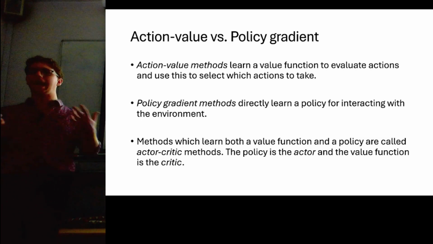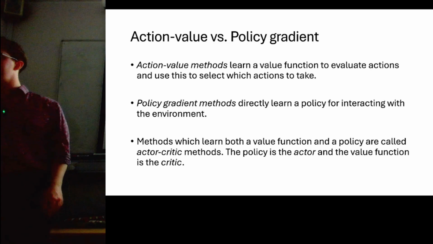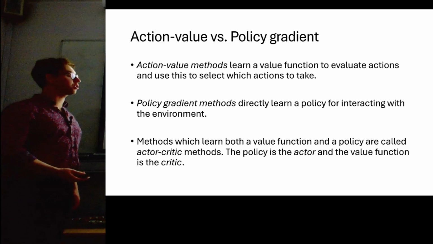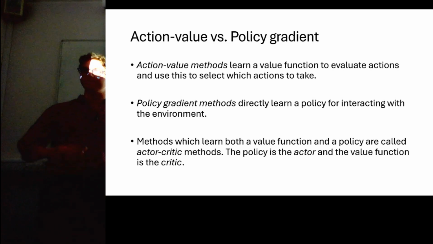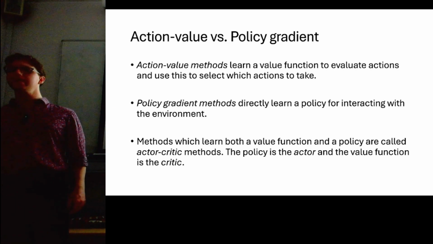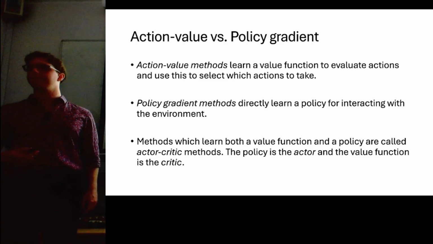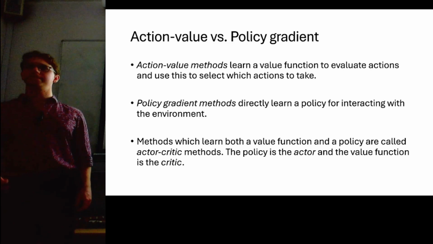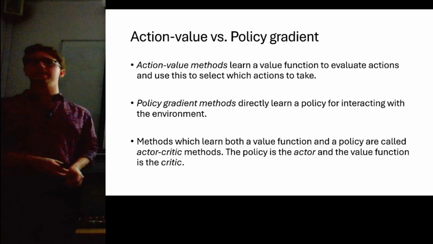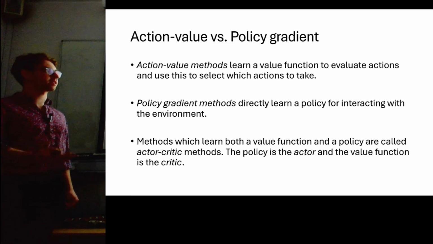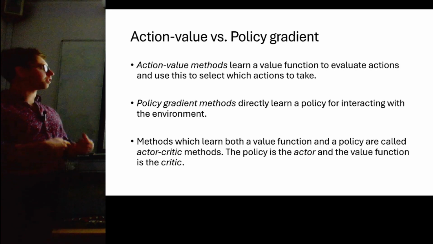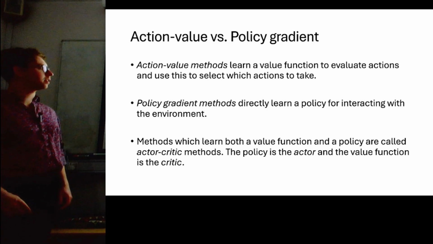The policy is an actor: it behaves in the environment and takes actions. The value function is a critic, which evaluates the actions the policy has taken and tells it whether they were good or bad actions. This is used to adjust the weight that the policy assigns to those actions. So the value function is used to critique the actor.